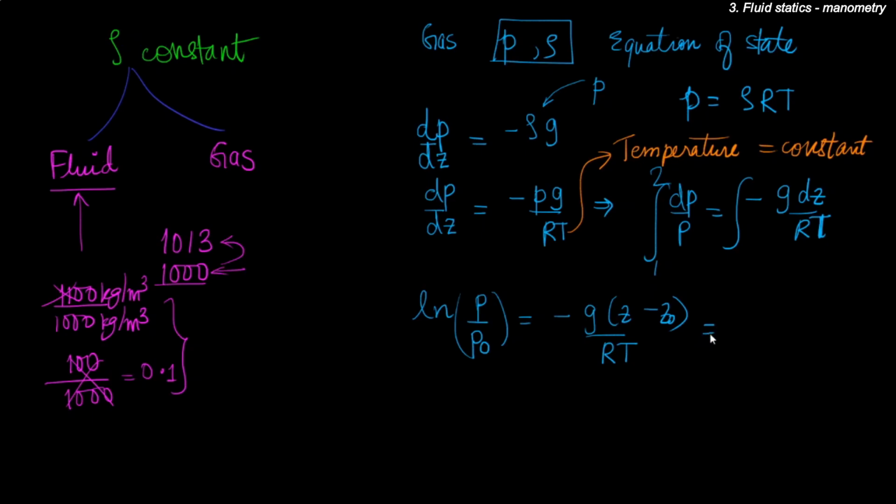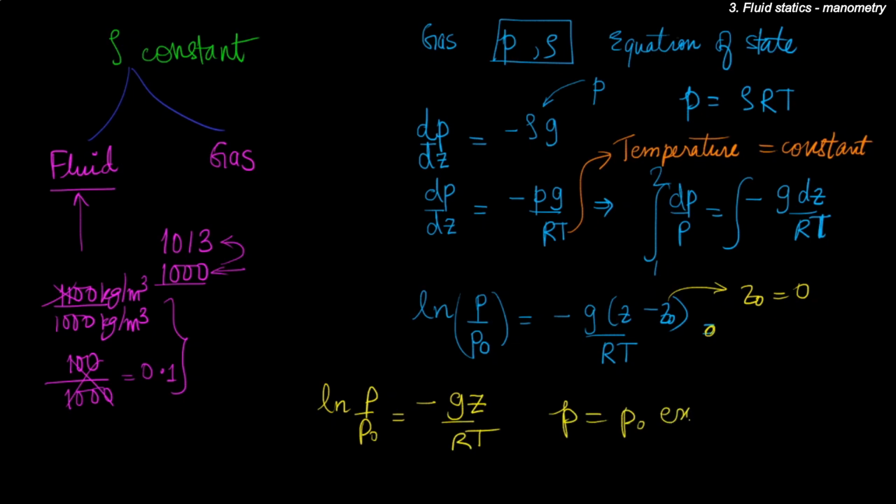If we set the value of Z naught to be 0, then we have ln P upon P naught is equal to minus gz upon RT. So P equals P naught exponential of minus gz upon RT.